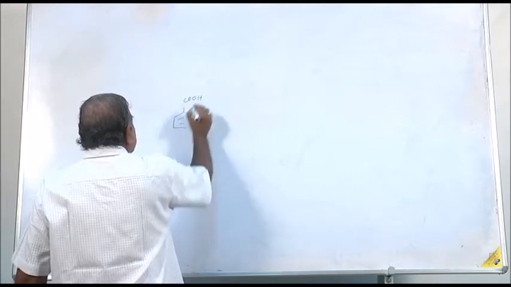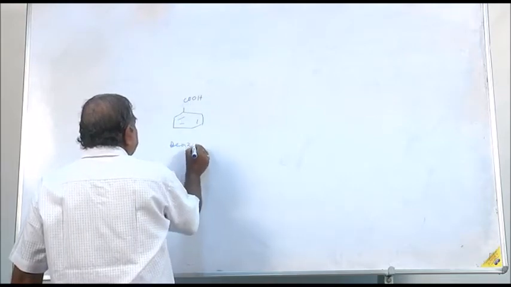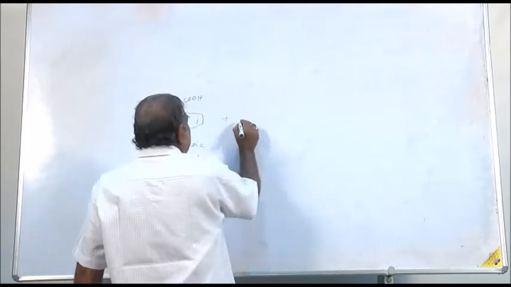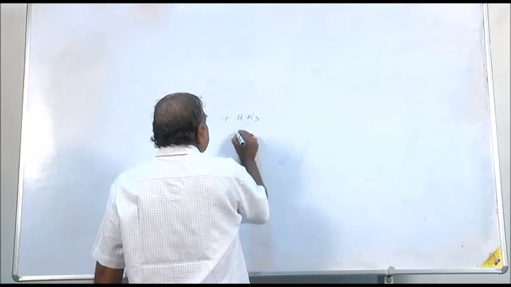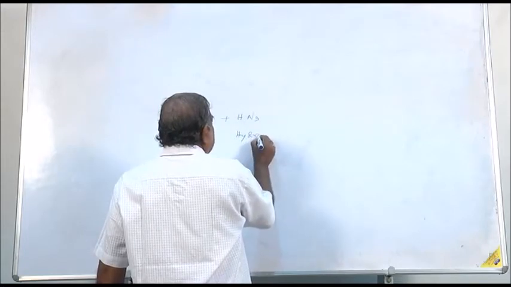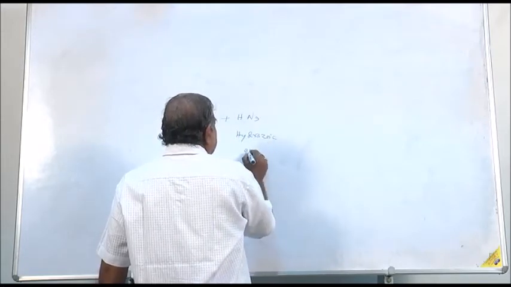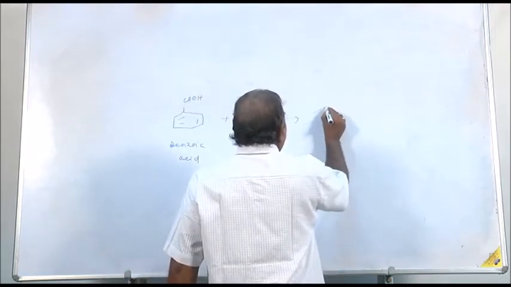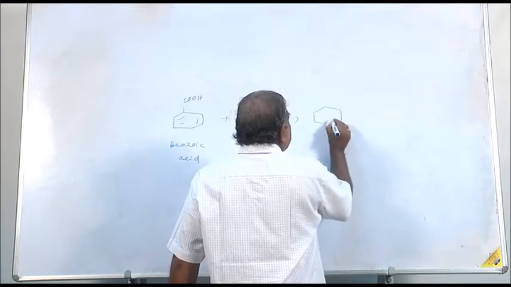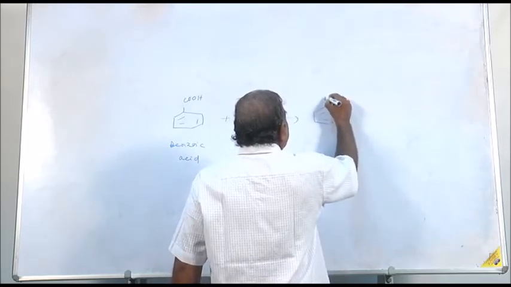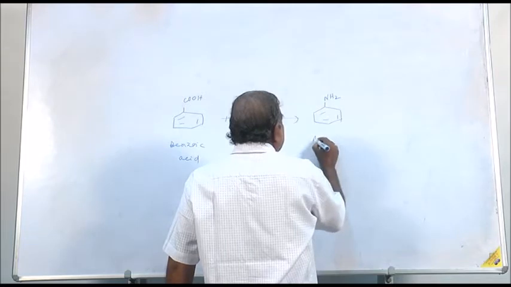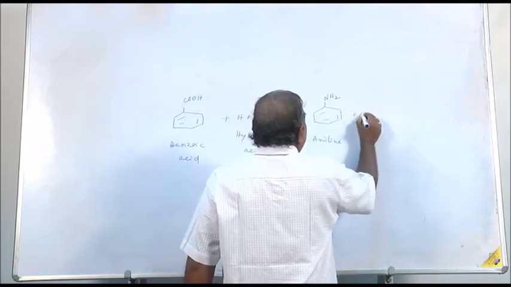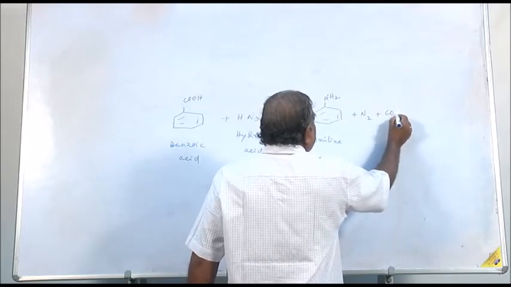This is your benzoic acid treated with hydrazoic acid. Here the carboxyl group of benzoic acid gets replaced by amino group. You will get aniline plus nitrogen plus carbon dioxide.